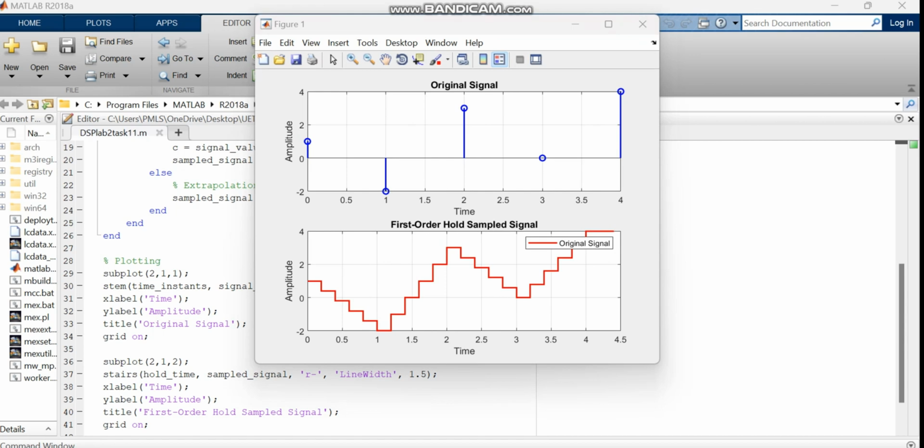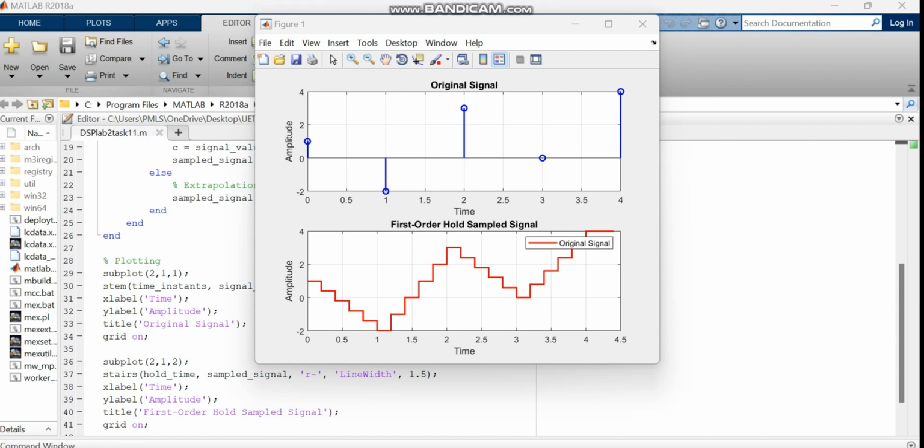Here the original signal was in discrete samples, whereas in the first order hold sampled signal graph, we see that the discrete time intervals that we have taken are of an analog signal. So after taking the samples, we hold the values of that sample constant until the next sample is taken.